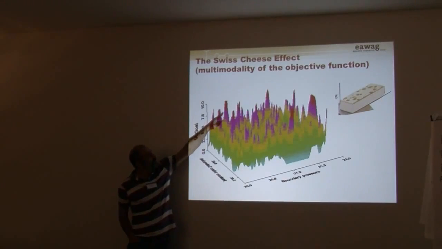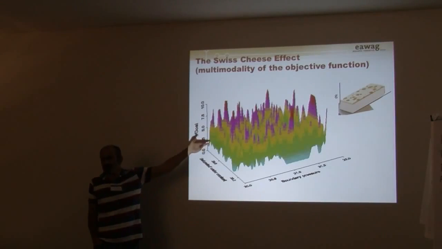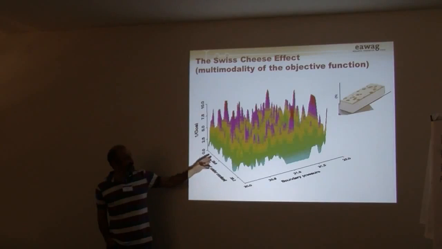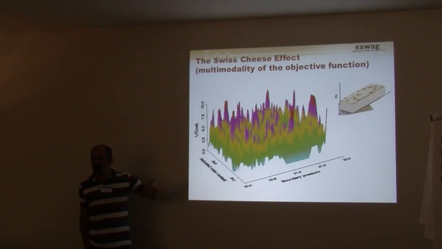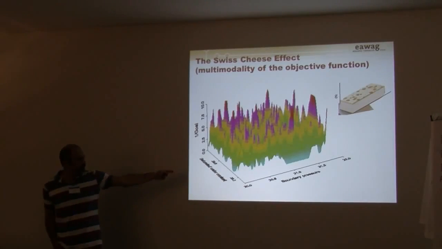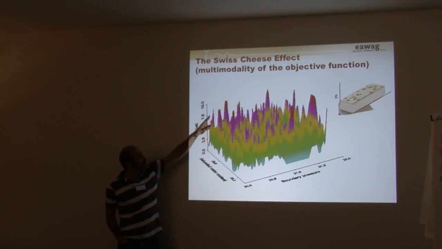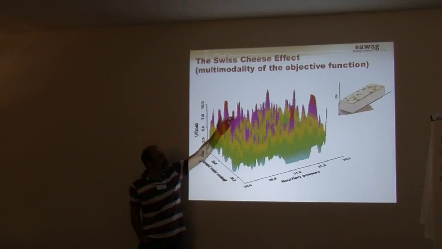You see, all these peaks are really good solutions. These are two different parameters that are changing, but in reality there are 4 parameters changing simultaneously. So I just plotted 2 of the parameters against the inverse of the objective function. All these peaks are good solutions.